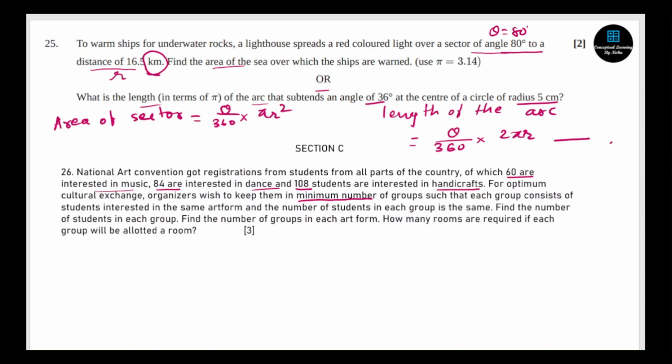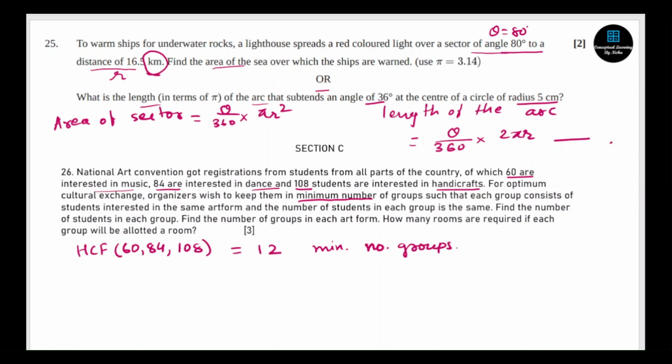So the HCF of 60, 84 and 108 is equal to 12. So that means this is the minimum number of groups we require. You have to write this minimum number of groups.